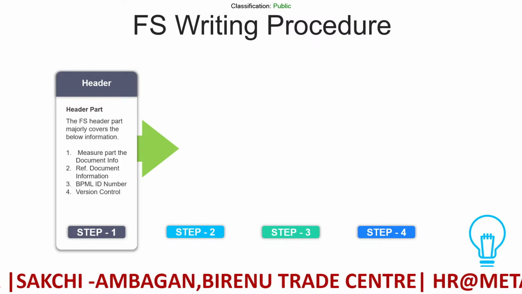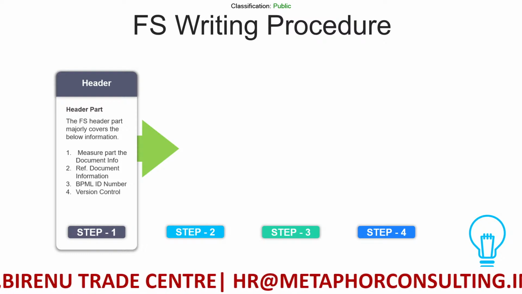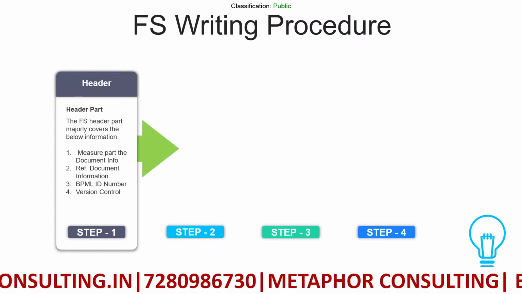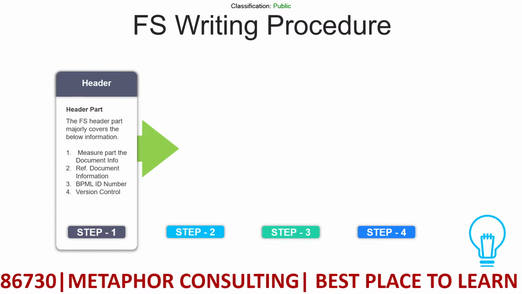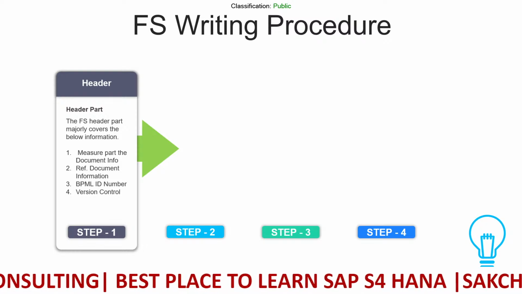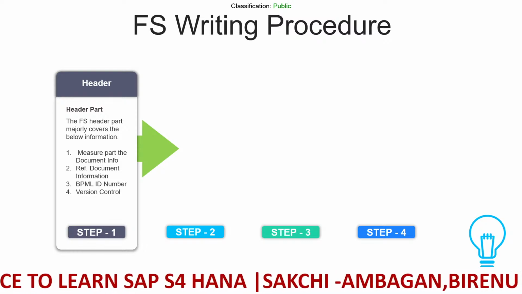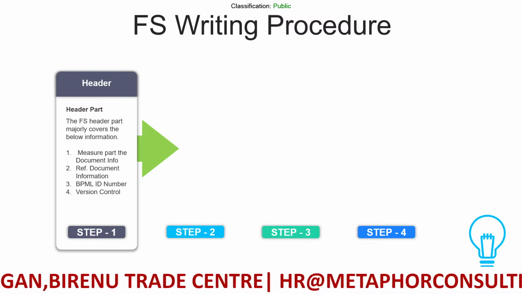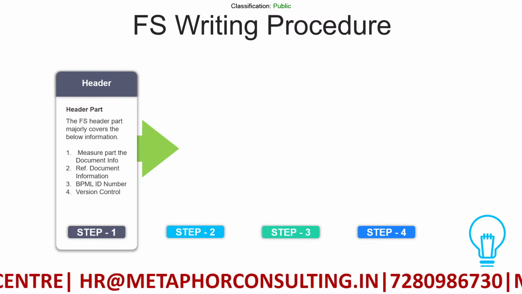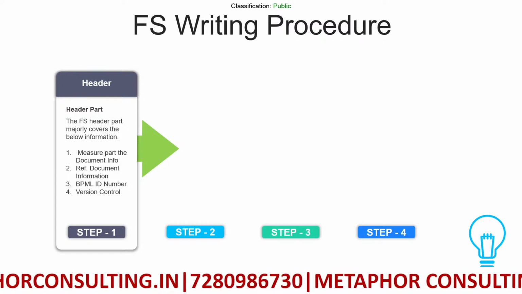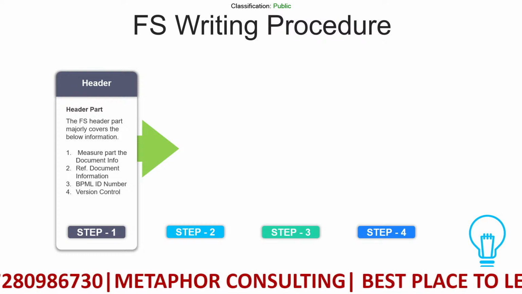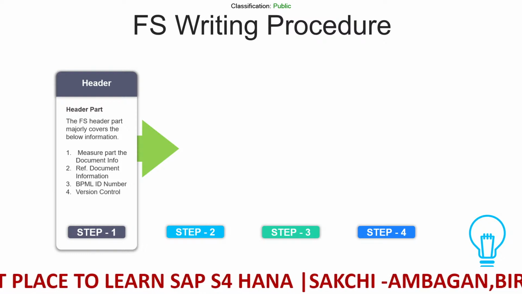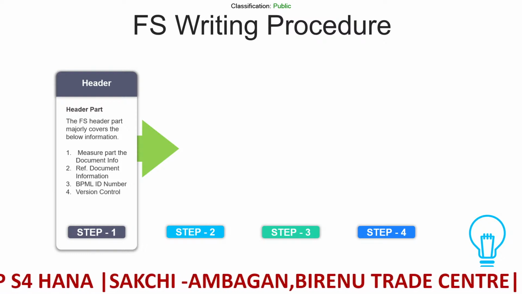In the document information, what kind of document is required, what should be the FS name, referral information, meaning the referring document, and the referral reference number. There are two things. And finally the BPML number. BPML is a very big chapter which I am talking about. BPML means business process manual.